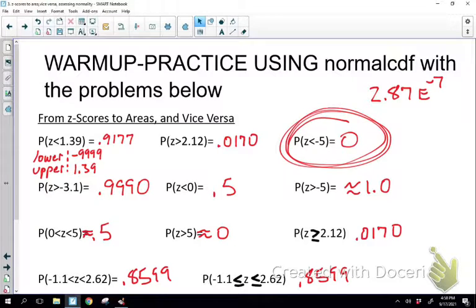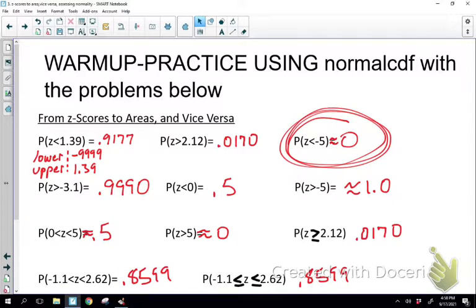So if ever you get 4 zeros or more after the decimal, let's just say about 0. All right, I guess I should have used the approximation sign on that also. So never write 2.87. That would be bad, because a proportion should be between 0 and 1. But about 0. All right, hopefully that made sense.